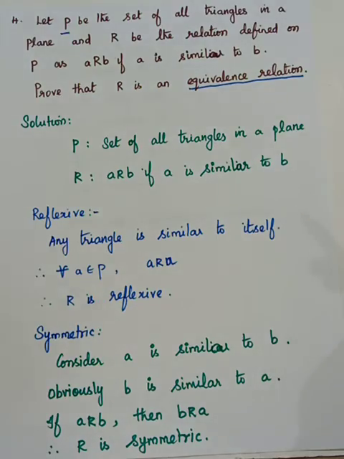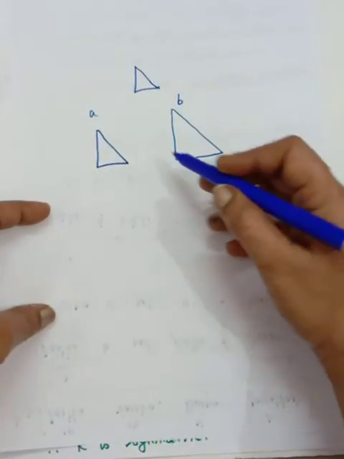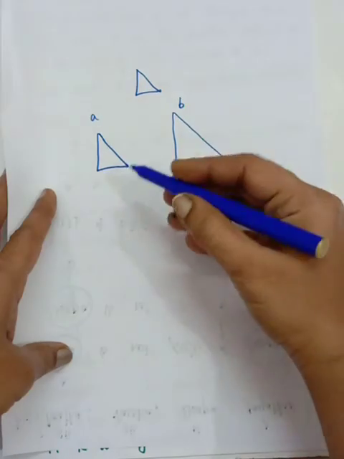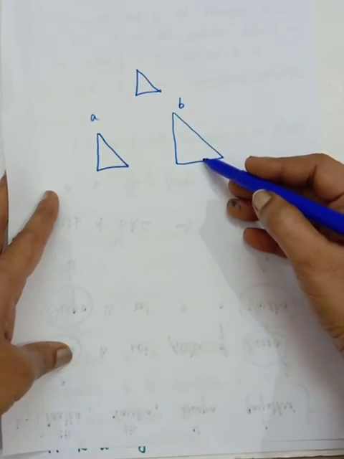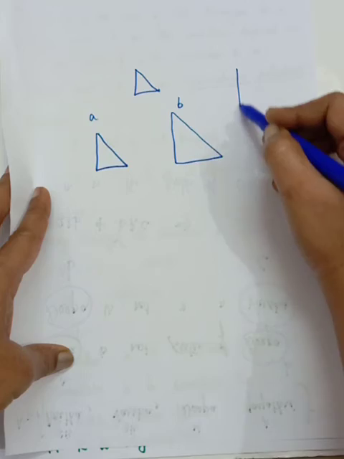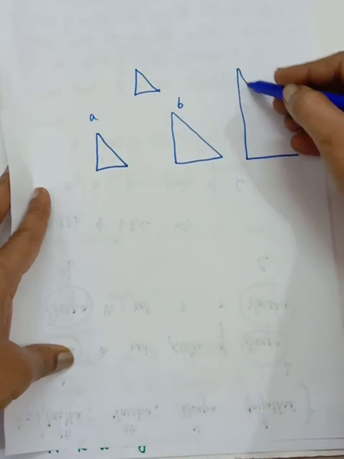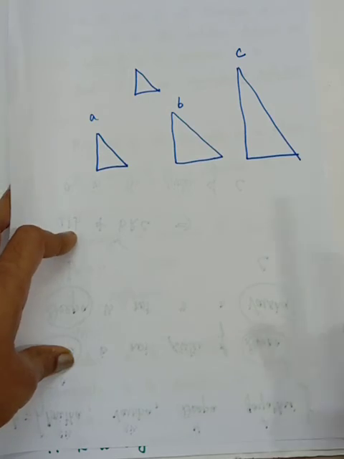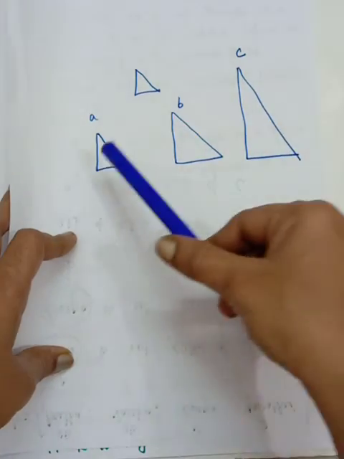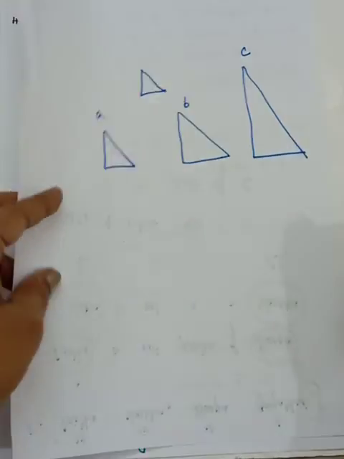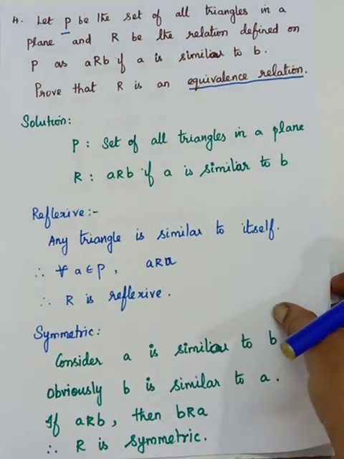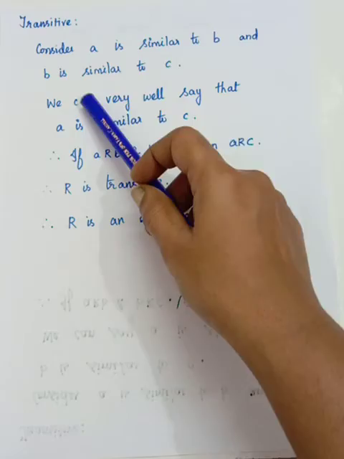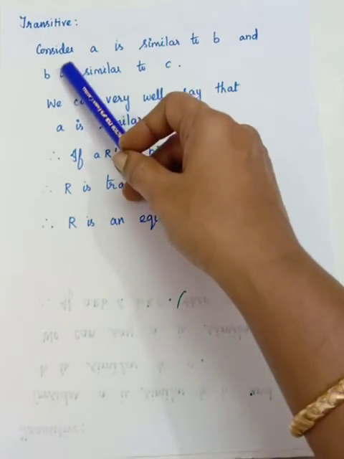Next one, for transitive, we have to take two conditions. A is similar to B and B is similar to C. Suppose we are having B is similar to C, then we can very well say A is similar to C. So from this, A is similar to B and B is similar to C are considered.